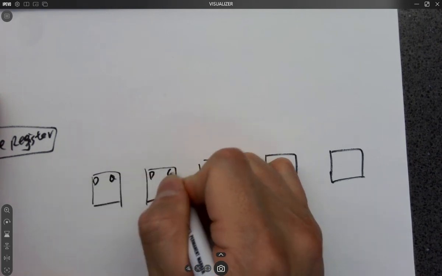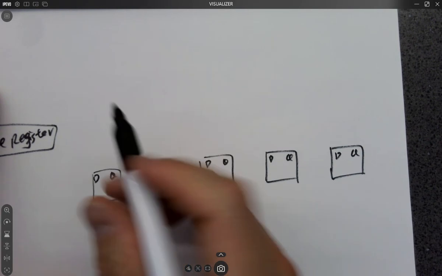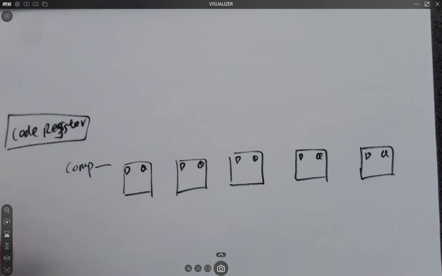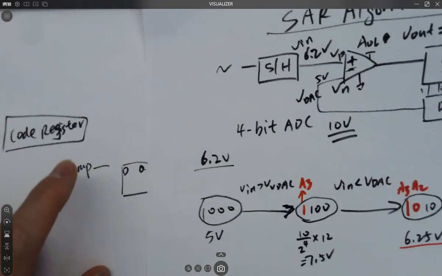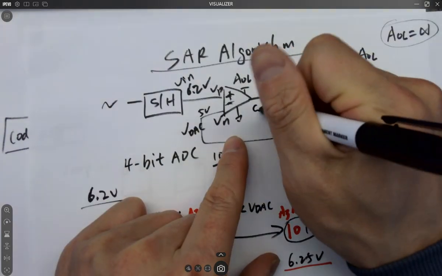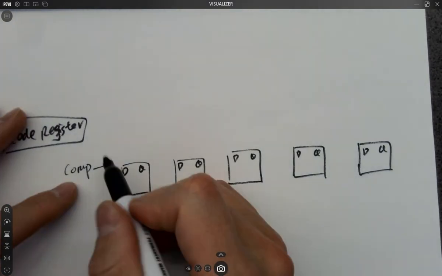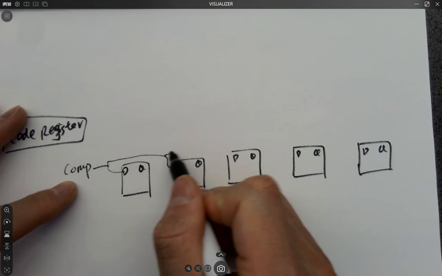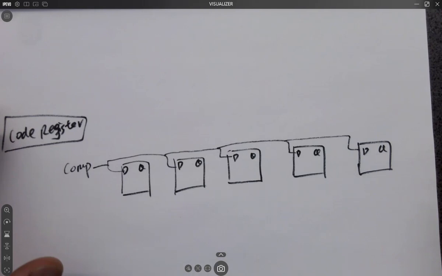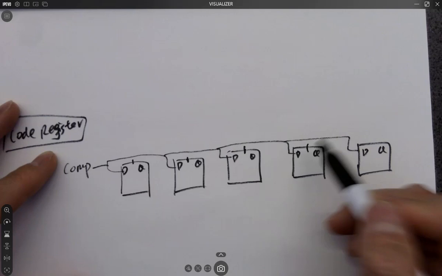DQ. That's a physical wire from the comparator's output. Keep in mind, this bit here, exactly this bit. Comp. That's a set pin.